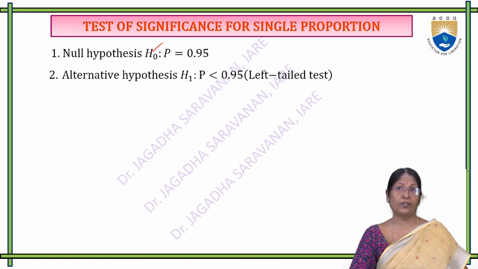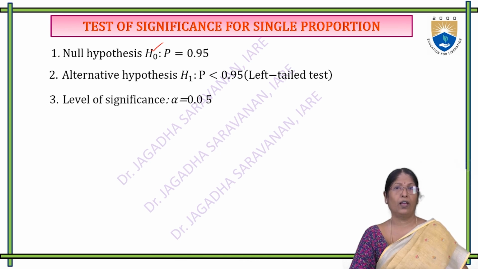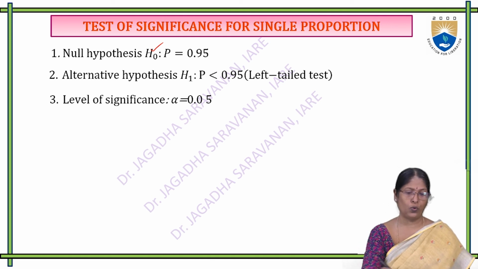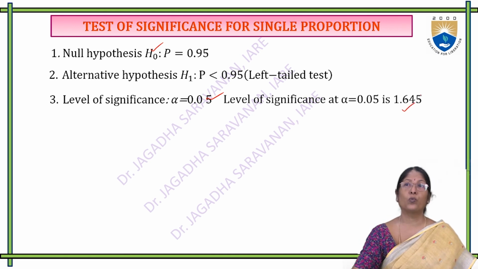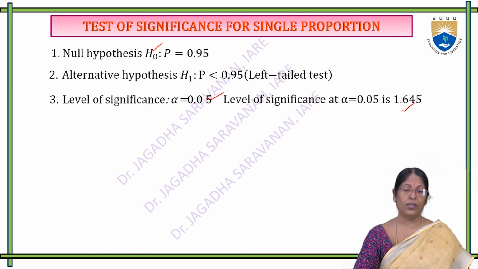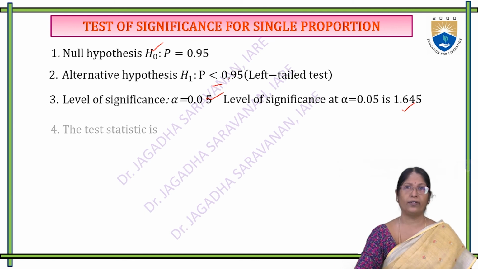Here we have taken the left-tailed test. The reason is that the sample proportion is less, and the level of significance we have taken by default is 0.05, and the tabulated value is 1.645 because it is a one-tailed test.